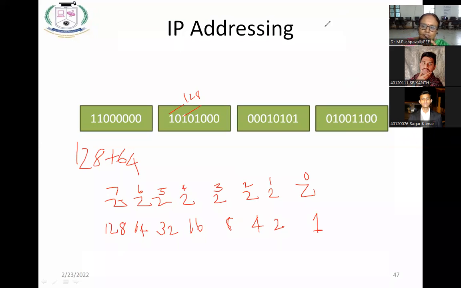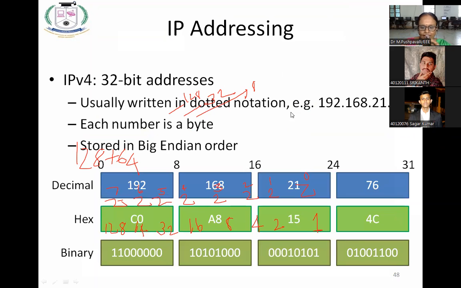No one? 128, and this is nothing but 32, and this is nothing but 8. So when I am finding my address, this is my value: 192, 168, 21, 76.